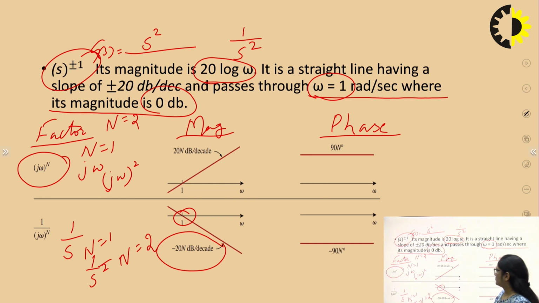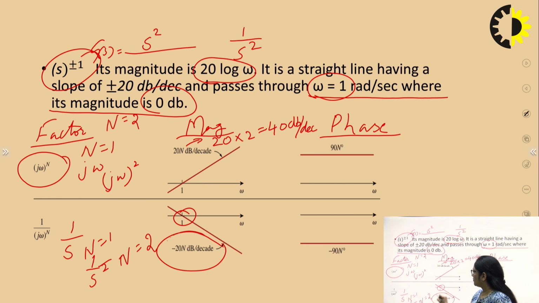And here in 20n, n represents the number of zeros or the number of poles. So if n is 2, that is 20 into 2, it becomes 40 dB per decade. So if there are 2 zeros at the origin, then it will be 40 dB per decade, and if there are 3, it will be 60 dB per decade rise, and similarly if there are 3 poles at the origin, then it will be minus 60 dB per decade.